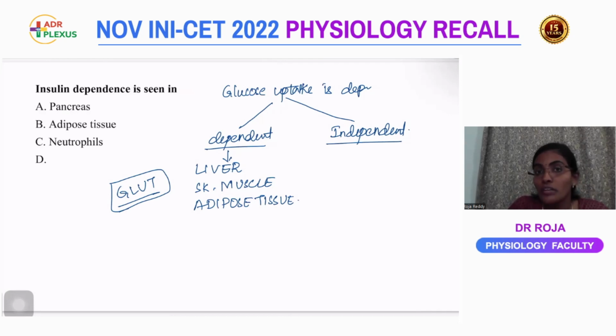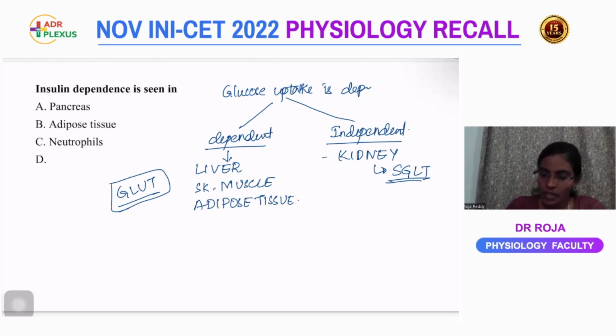Tell me one important common tissue. That is nothing but your kidney, where the glucose reabsorption is happening through what is known as SGLTs, sodium glucose co-transporters. Here, there is no need of insulin for reabsorption of glucose.